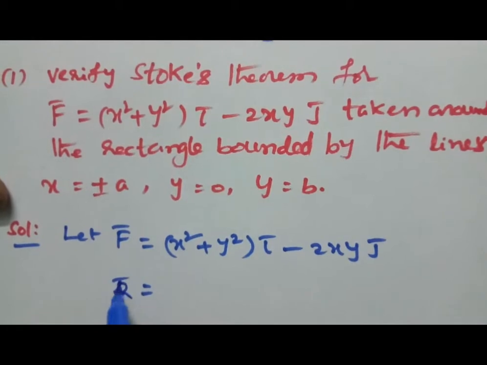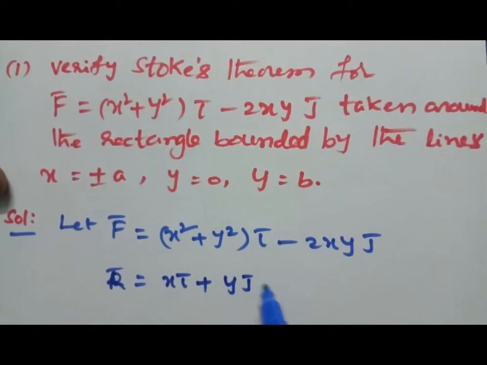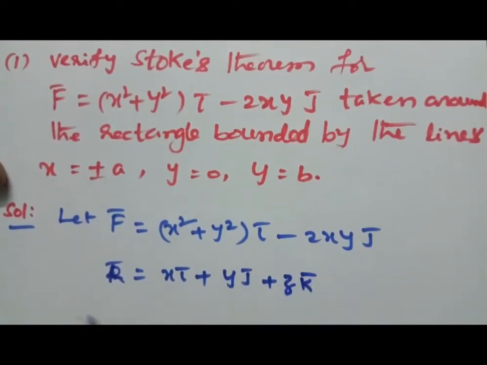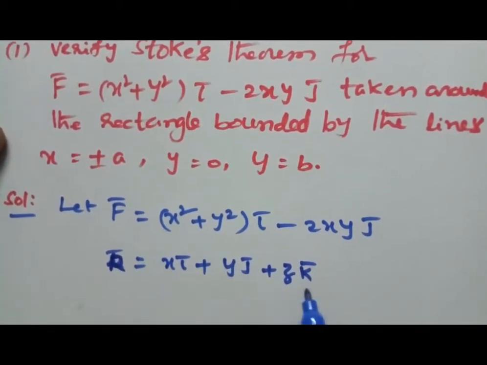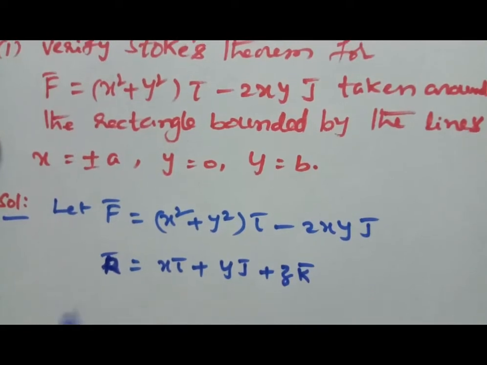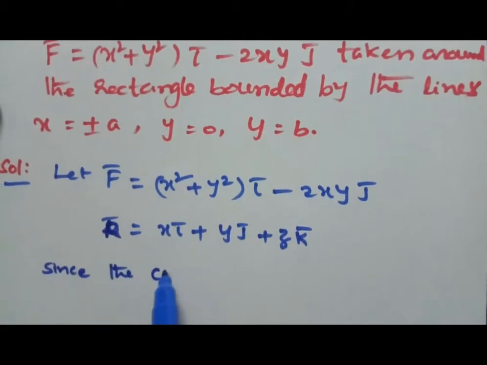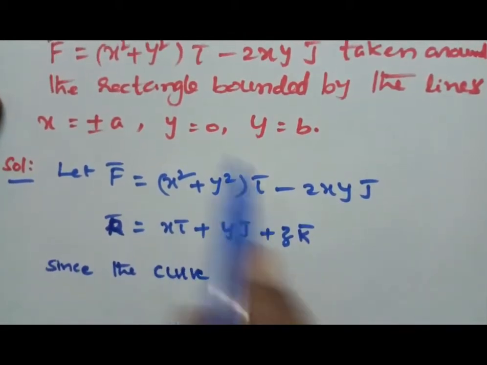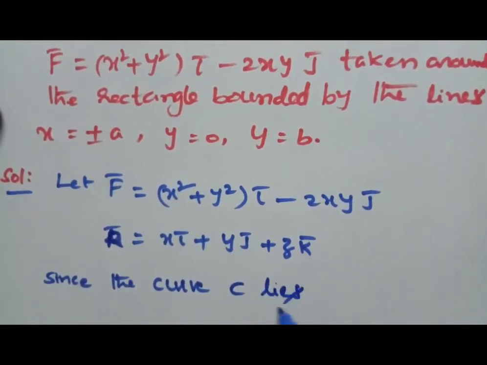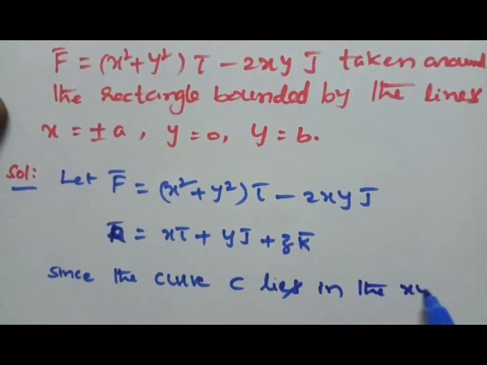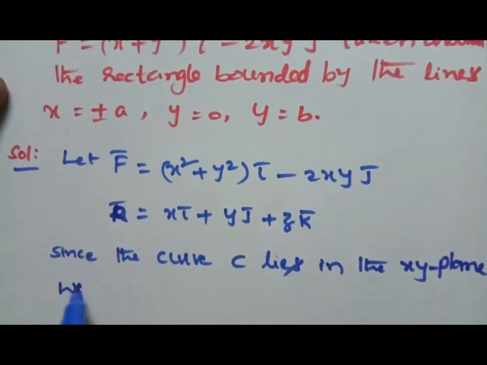Therefore, let R bar is equal to xi bar plus yj bar plus zk bar. Since the curve, the boundary of the rectangle, curve C lies in the xy plane, z equal to 0.